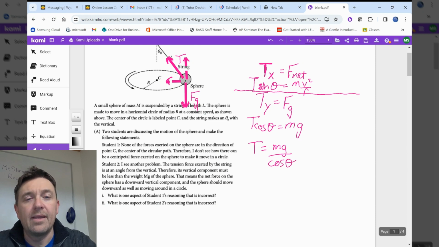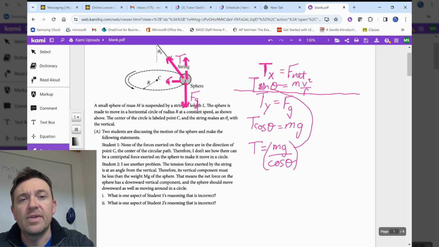Okay, welcome back. So here you see that I've already started getting rid of the tension by making a substitution for tension.